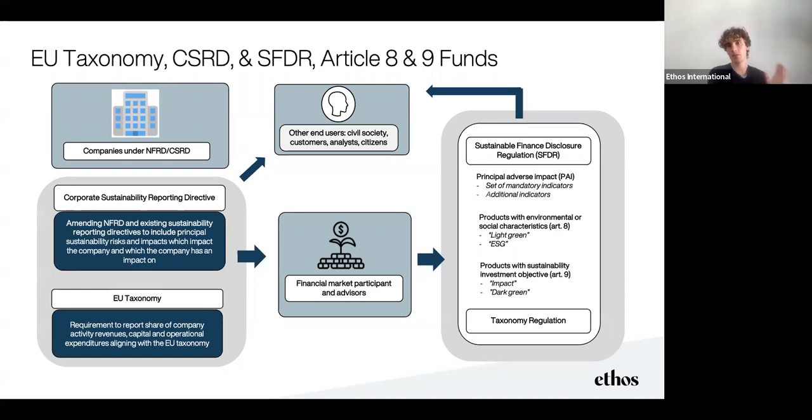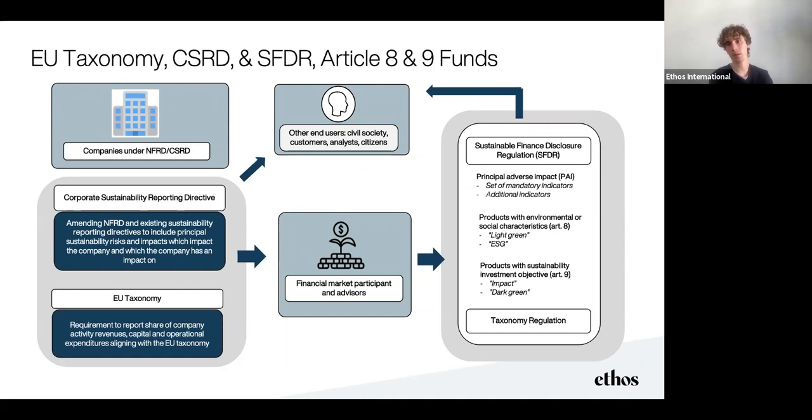But the information for these funds will come from the left side. So what the corporates or the assets under management are disclosing to financial market participants and advisors as their reporting obligations under the EU taxonomy and the CSRD. So the CSRD will most likely require many of the same indicators that you now as financial market participants are required to disclose.